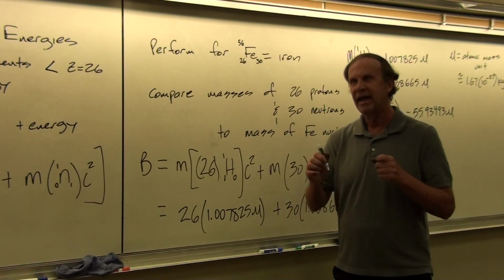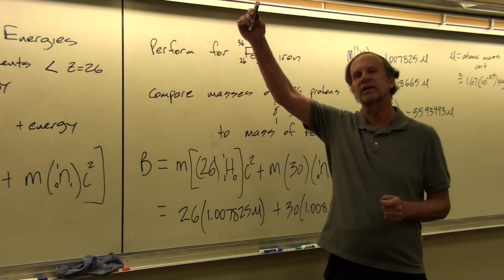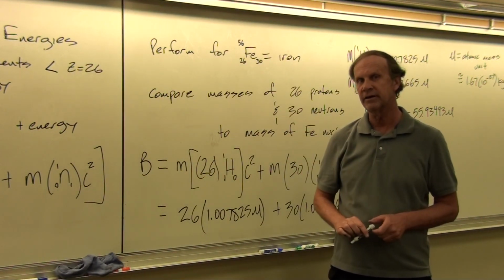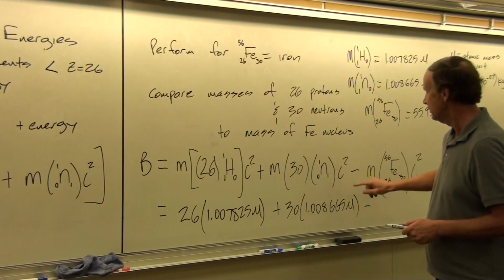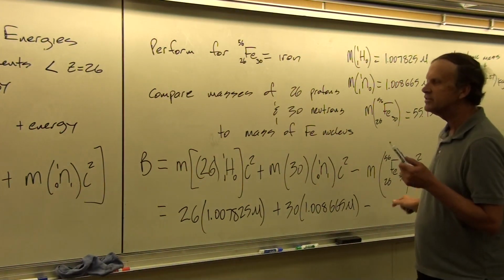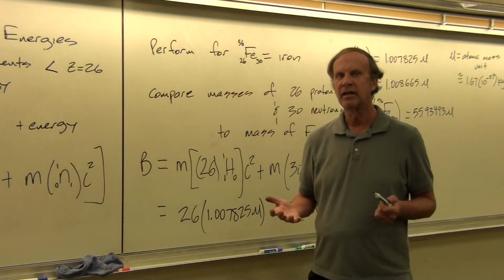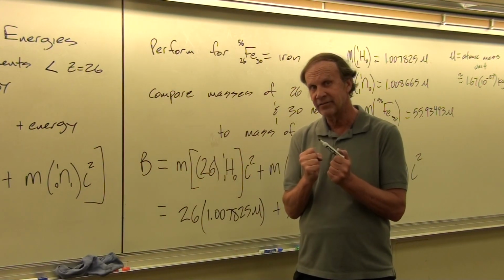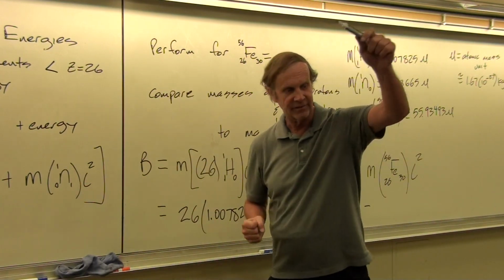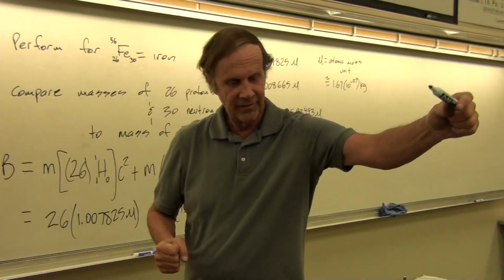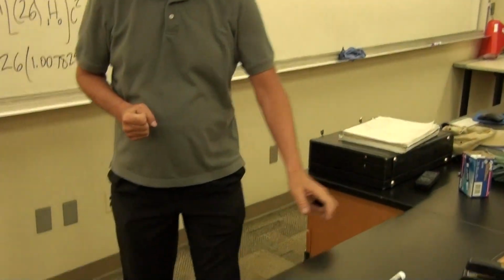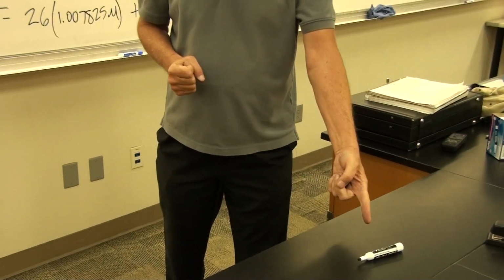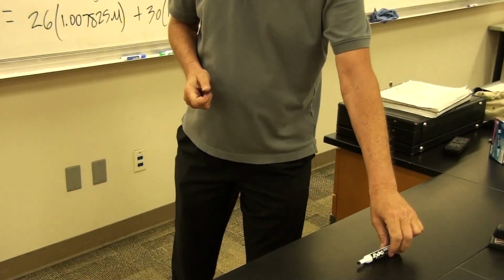Just the same way as an electron would take energy to accelerate it to a higher energy state, but would give off energy if you let it go to a lower energy state. So here we're letting it go to a lower energy state, and the most stable energy state of all is the iron nucleus. That's when they're at the happiest. They're at the lowest state of energy that they can be. So it's like this pin. This pin is the happiest in this system when it's on the surface of the table. Okay? That's the lowest energy it can get to that's accessible to it, unless I let it roll off onto the floor.